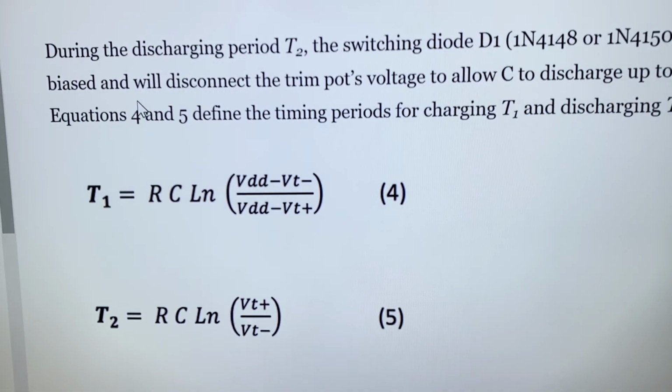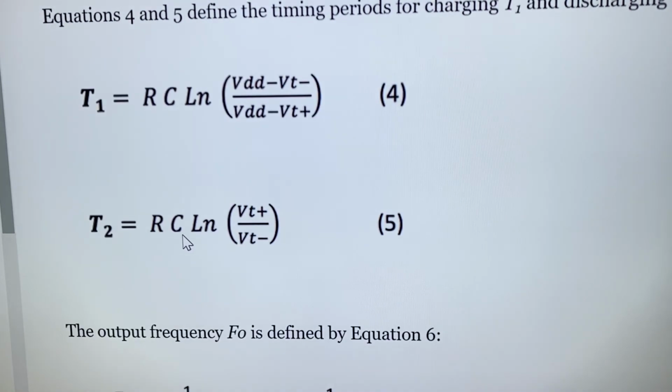So notice here that T1 is RC ln of VDD minus VT negative over VDD minus VT positive, because there's only one resistor, and T2 is RC ln of VT positive over VT negative.